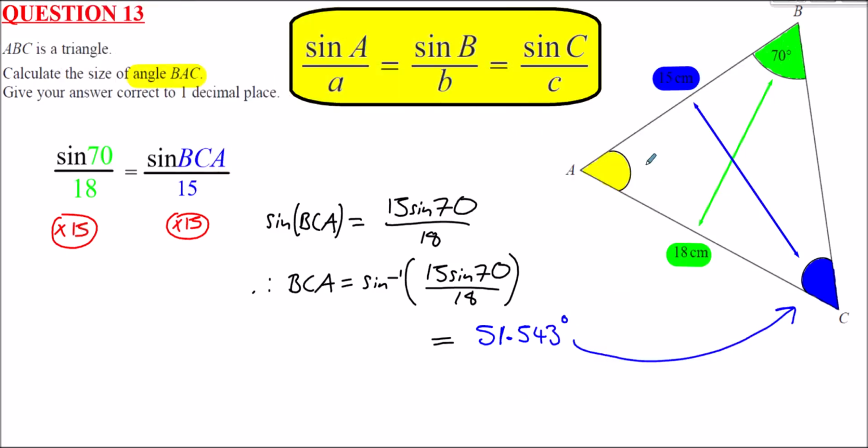Now, I don't really want that angle, I want BAC. So therefore, angle BAC, which is the yellow one, will just be 180 minus the other two angles. So it's going to be 180 minus 70, that one, minus the one I just worked out, 51.543.